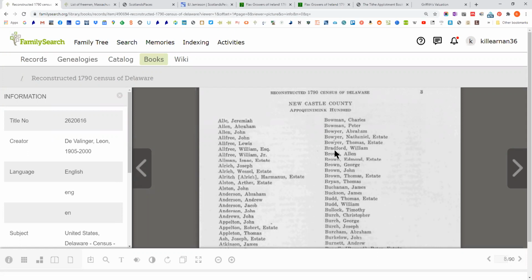So if you're expecting somebody to be in Newcastle County, Delaware in 1790, and they're not in this list, does that mean that they've died, they've moved away, or does it mean that they didn't meet whatever qualifications went into the lists that were used to generate these substitutes?